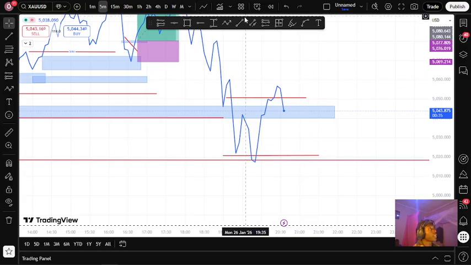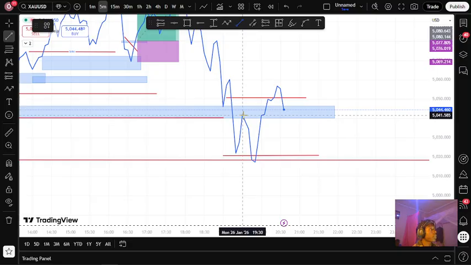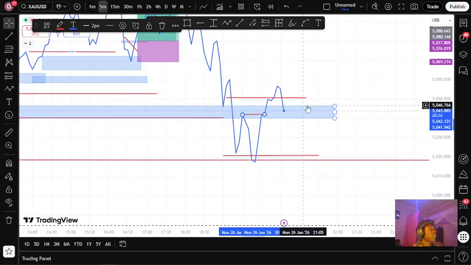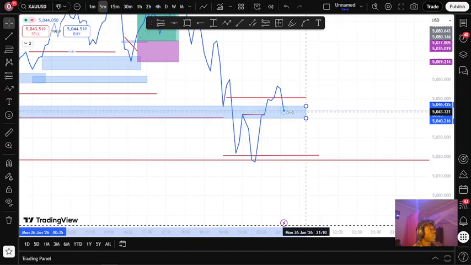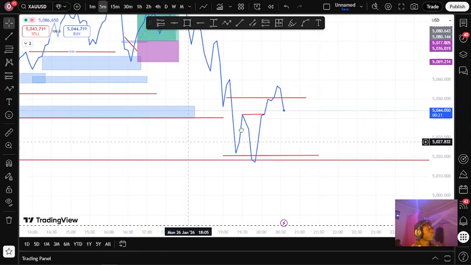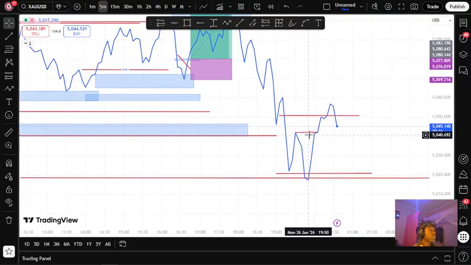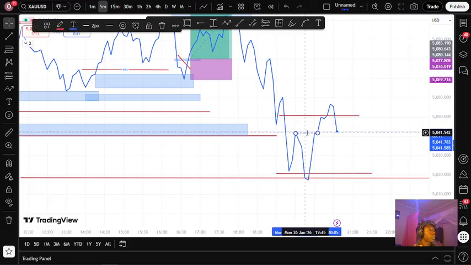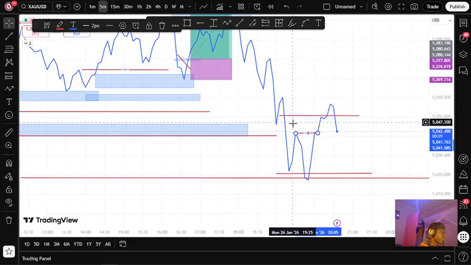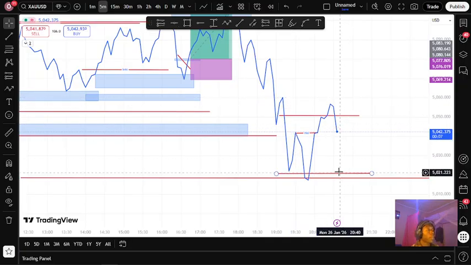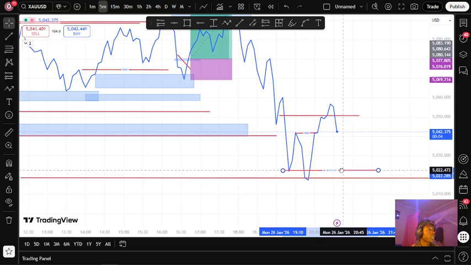You see that the price has broken this low, this previous low here, causing a change of character. This one is a Quasimodo level. This one is a Quasimodo level.